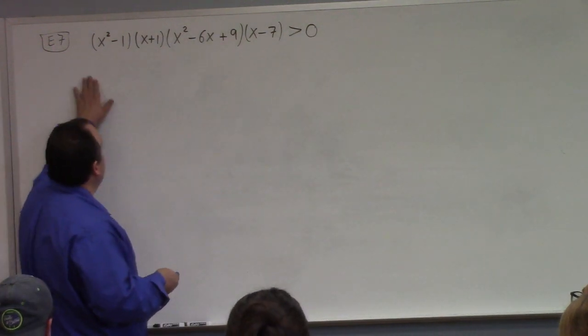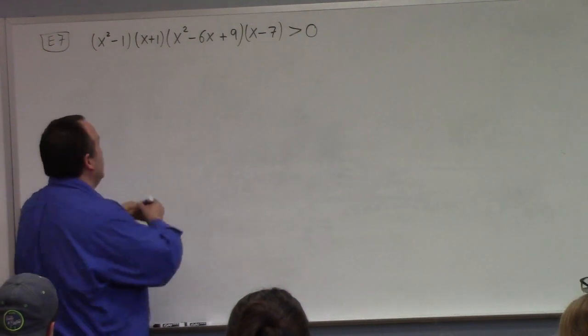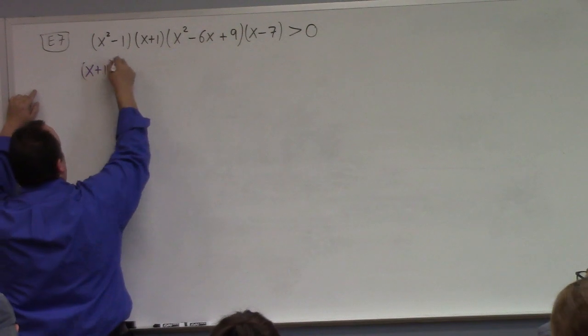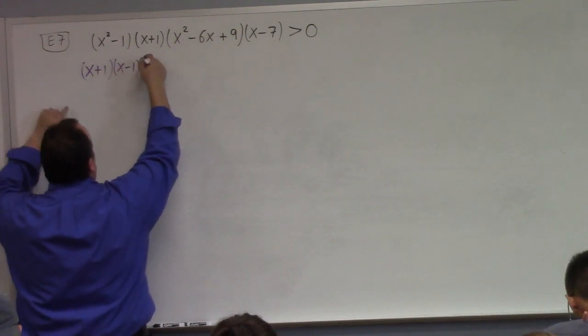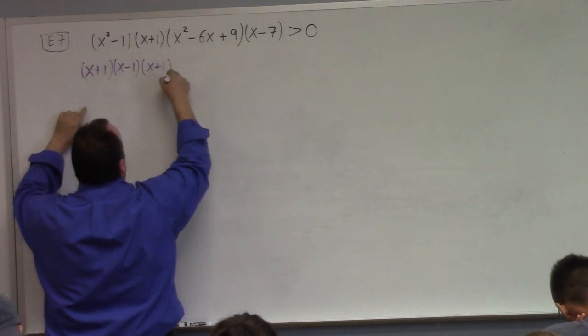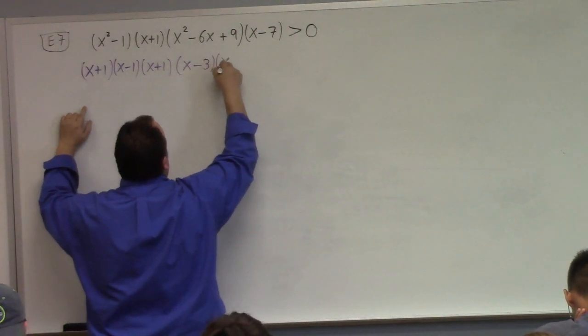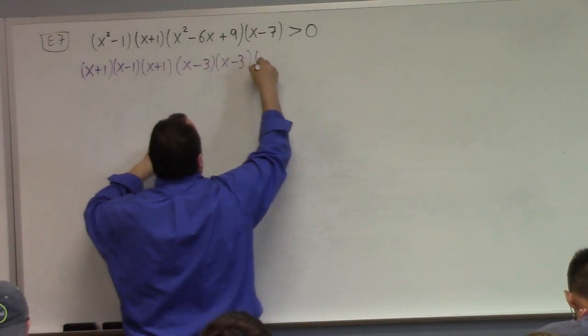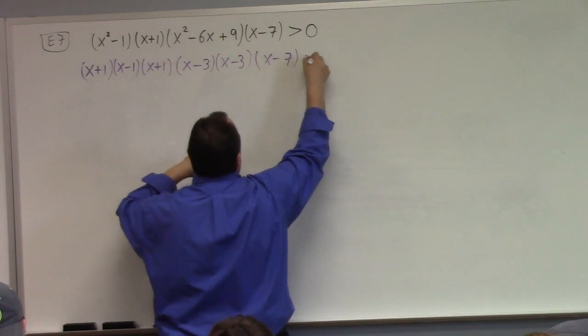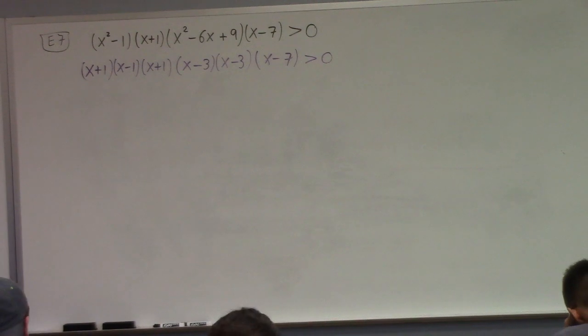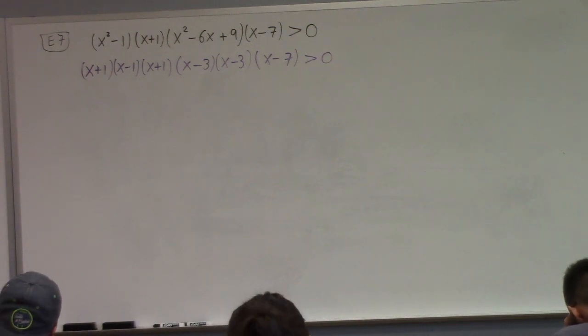Okay, so can you guys tell me how to factor this? We've got x plus 1, x minus 1 for the first term. You still got the x plus 1 there. This factors as (x minus 3) times (x minus 3). And then, of course, you got the x minus 7 greater than 0. When you've got something like this, you need to collect like factors so you can see what's going on.